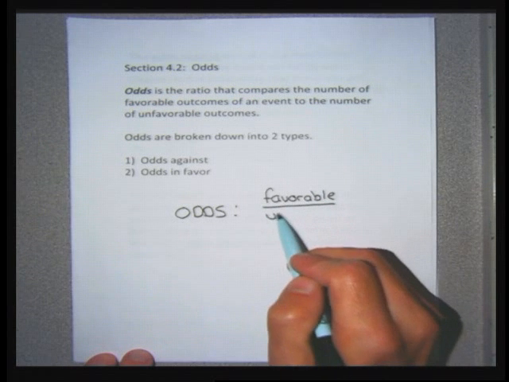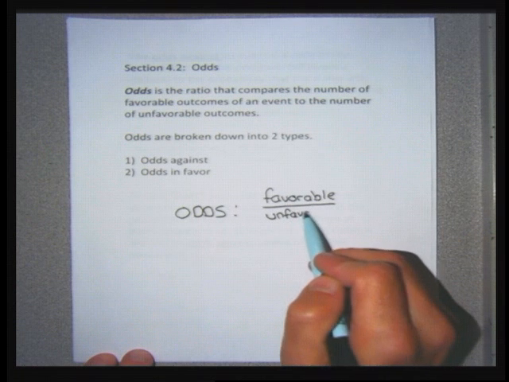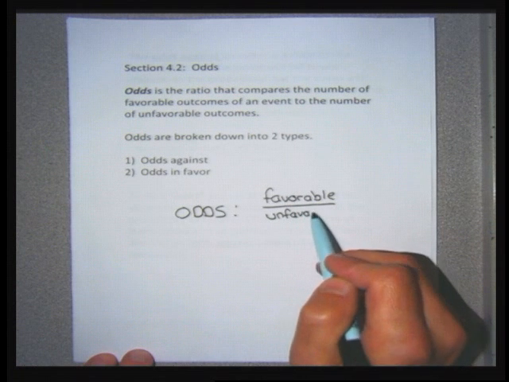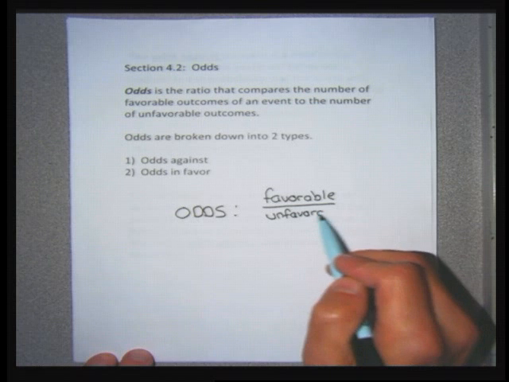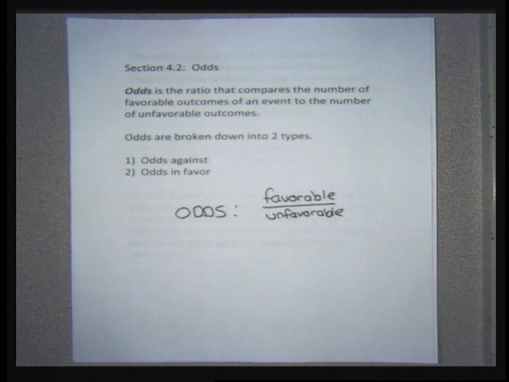So for a particular experiment, I can't even spell favorable. We're going to take a sample space and break it down into favorable and unfavorable subsets.